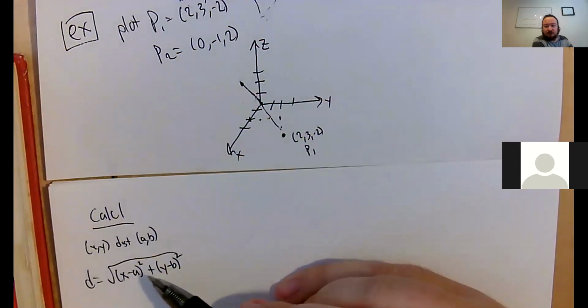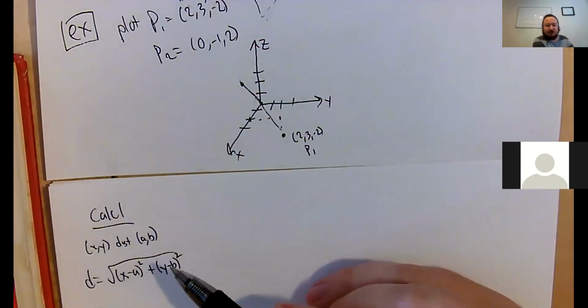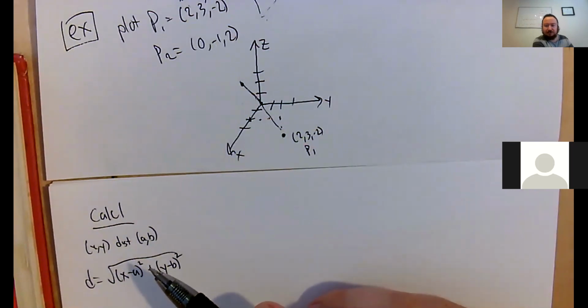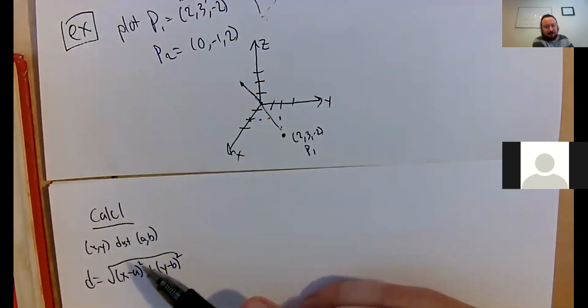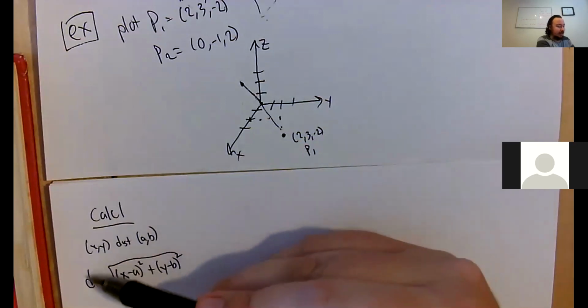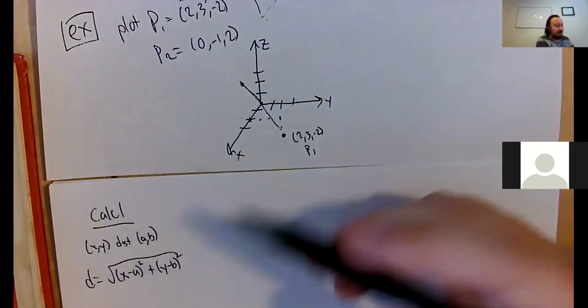And what theorem did this come from? This looks a lot like what theorem? The Pythagorean theorem, that's right. That's how we would show that this is the distance, by using the Pythagorean theorem. The hypotenuse squared is the sum of the two sides squared.